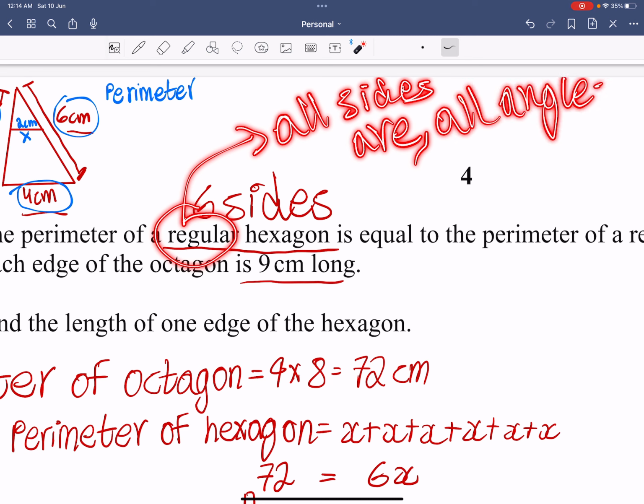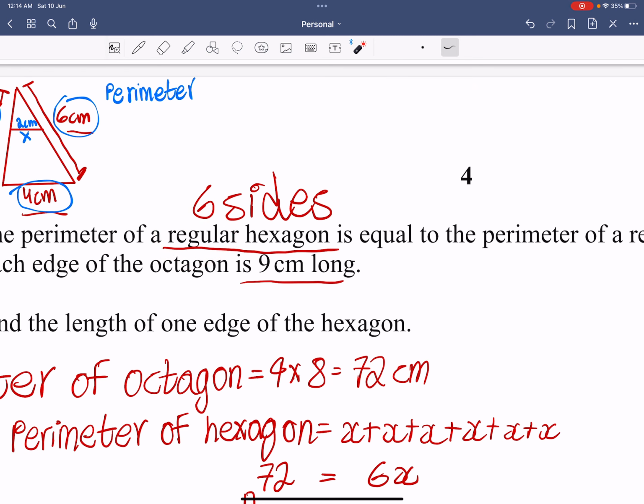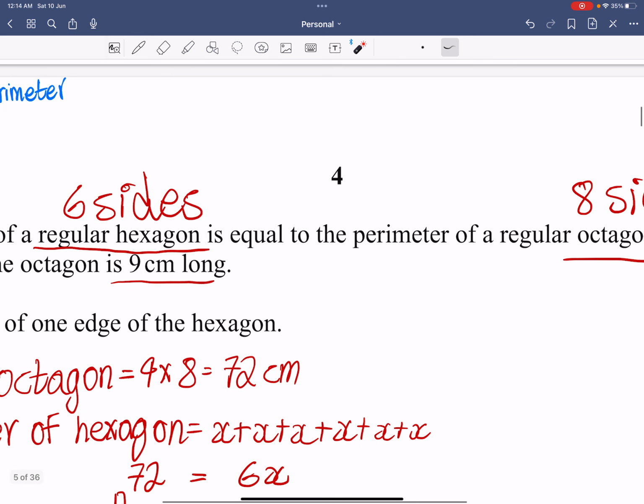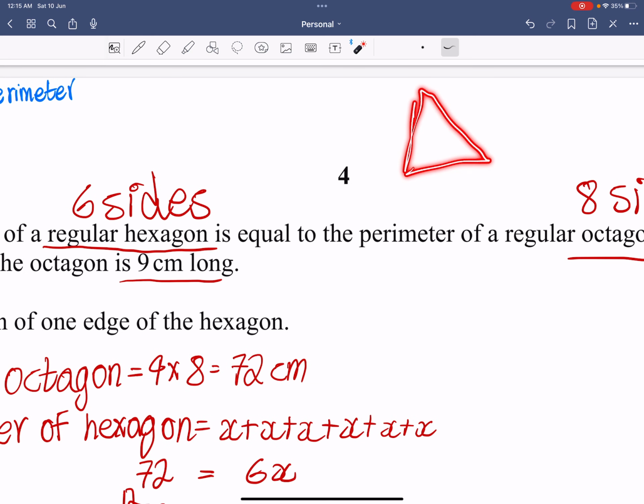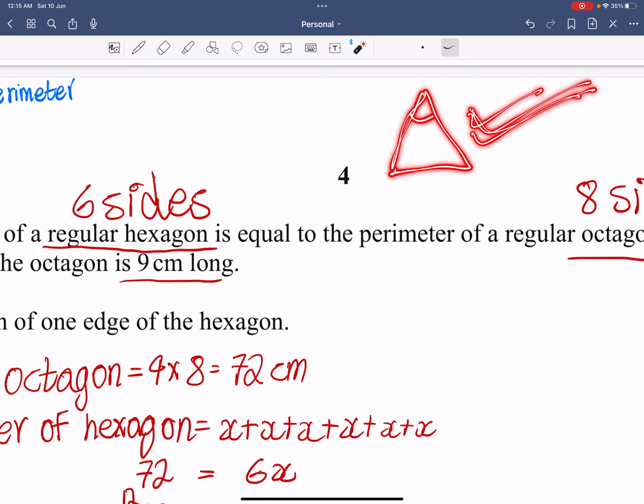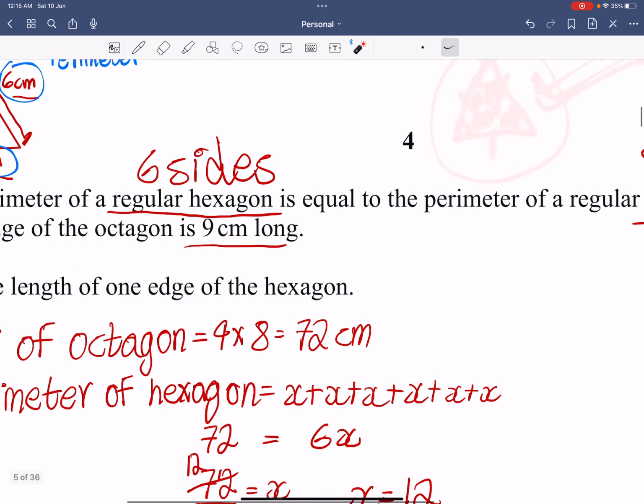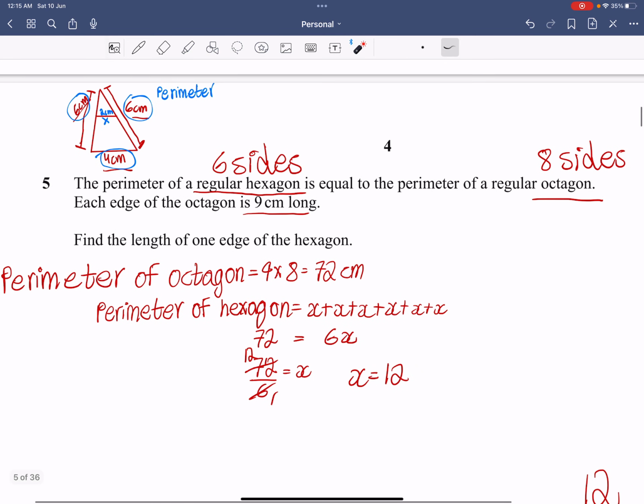If you face any regular polygon, for example a triangle, and they say this triangle is a regular polygon, a regular triangle, which means all of its angles will be equal, right? And all of its sides will also be equal, right? So this is what a regular polygon is. So a regular hexagon will have all of its angles equal and all of its sides equal.